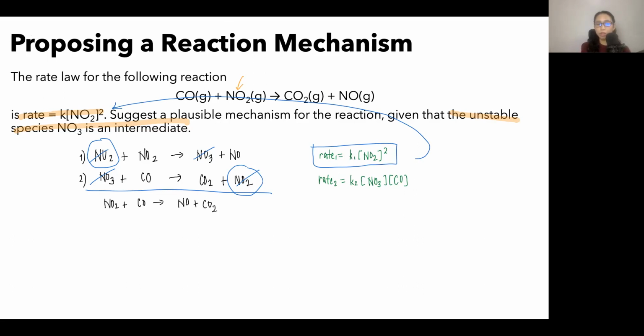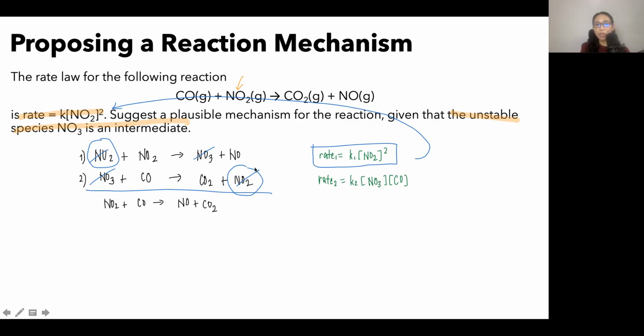Hence, kung si step 1, it's a slow step, it will be your basis for the overall rate law. Ito yung rate law niya, di ba? And you don't have to manipulate it further. Kasi nga, nagmamanipulate lang tayo if the basis that we choose has the intermediate in it. Okay?